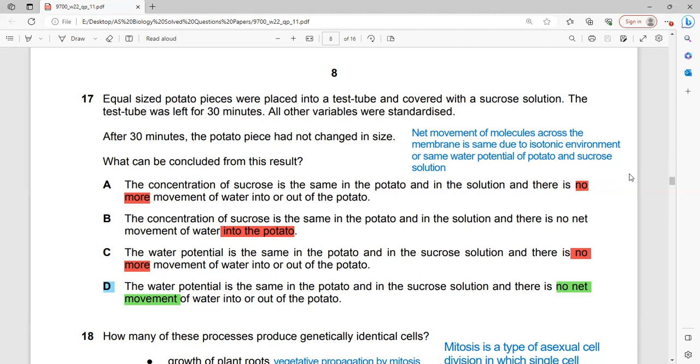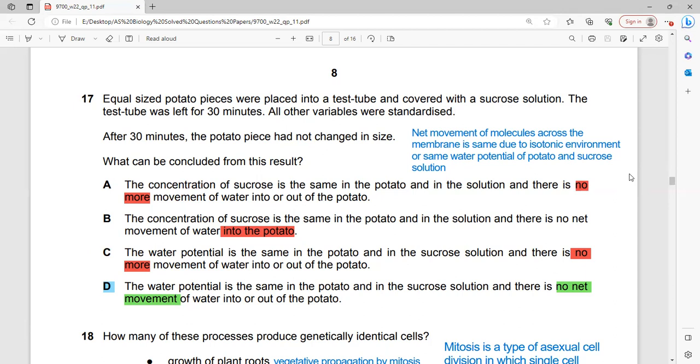After 30 minutes, the potato pieces had not changed in size. If there's no net change in size, it means the solution is an isotonic environment. No net movement of molecules across the membrane, because the solution contains the same salt concentration. So that's an isotonic environment.